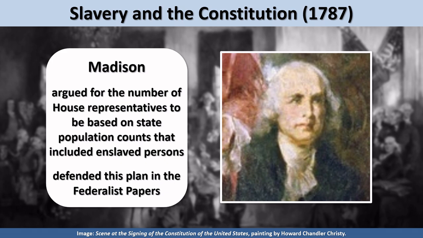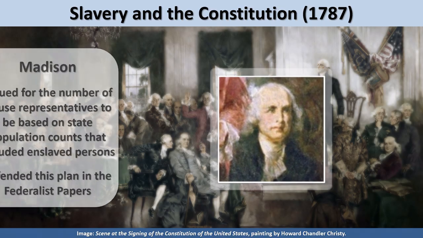He thought Americans who wanted to keep slavery legal would be more likely to ratify the Constitution if they knew that the supreme law of the land would give states with slavery more of a voice in Congress and more power in the electoral college, while continuing to deny enslaved people themselves the vote.